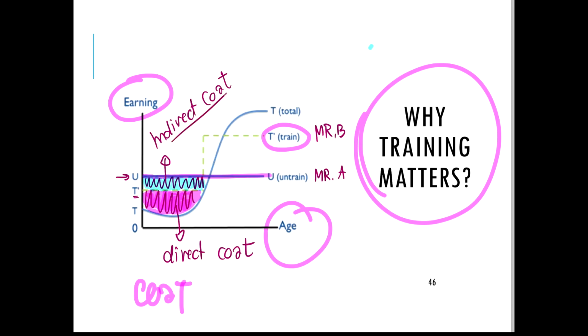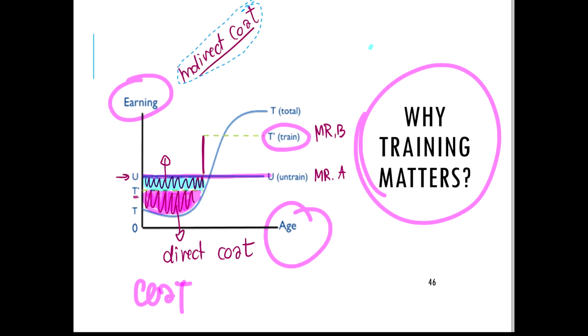So this money is the indirect cost, because Mr. B cannot receive the money while going to the training. But if Mr. B graduates, the income of Mr. B is higher at this point, very high, right? And constant for a long time.